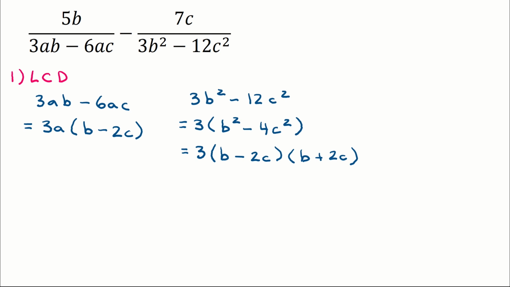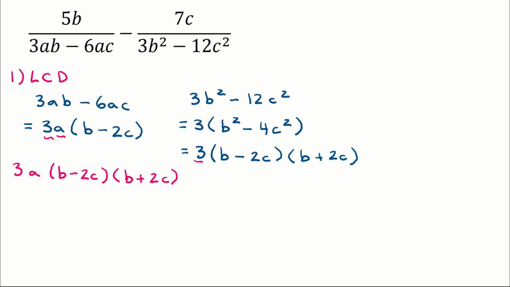Our lowest common denominator is going to include a 3 for sure. We need to include an a from the first term. B minus 2c is in both. And b plus 2c needs to be there as well.